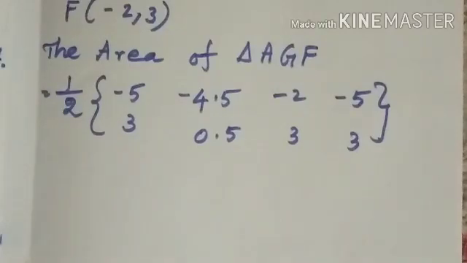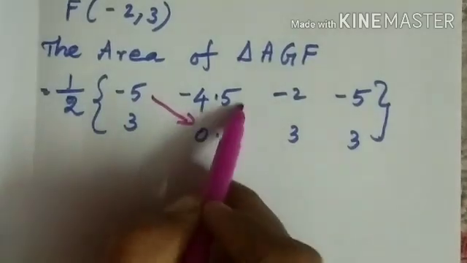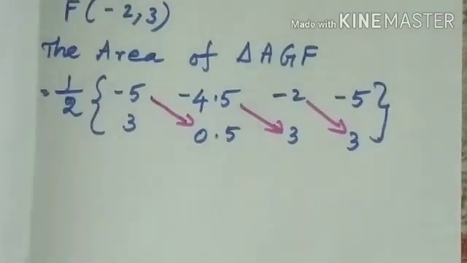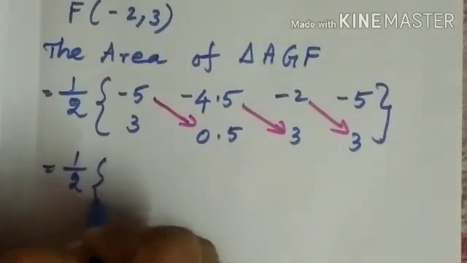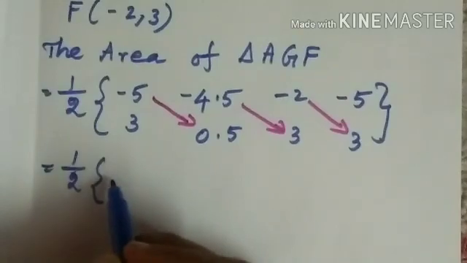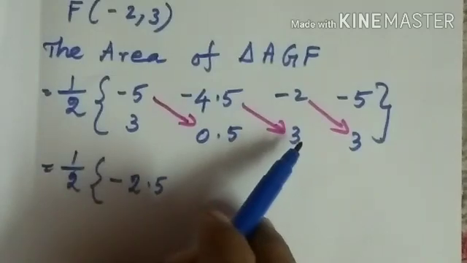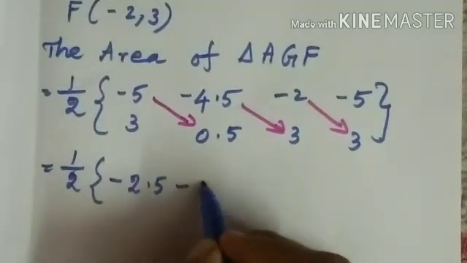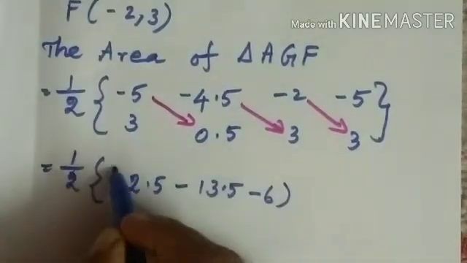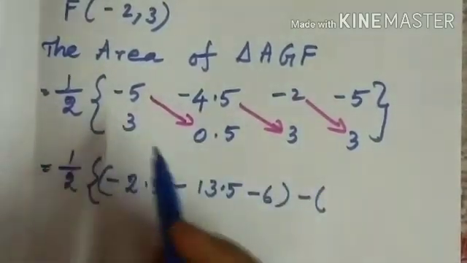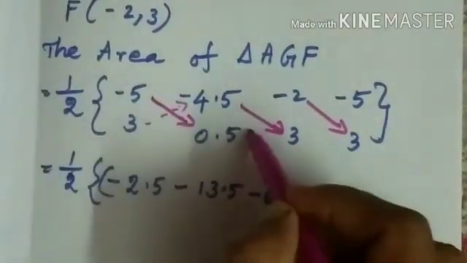Now you have to multiply this from top to bottom. Now we get half into minus 5 into 0.5 is minus 2.5, then minus 4.5 into 3 is minus 13.5, minus 2 into 3 is minus 6, minus of. Now you have to multiply from bottom to top.